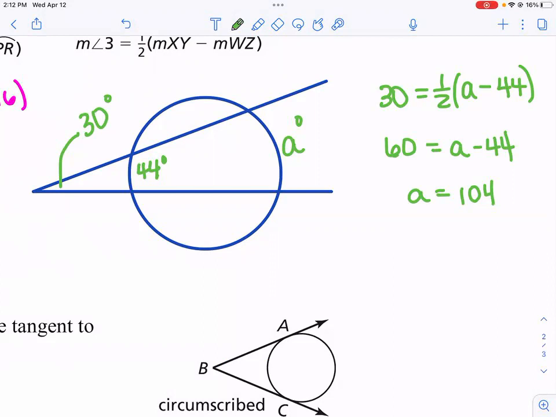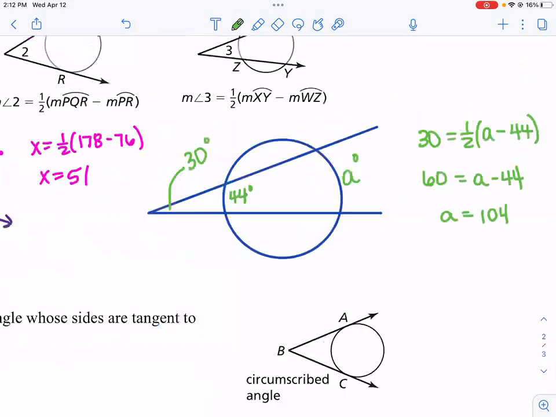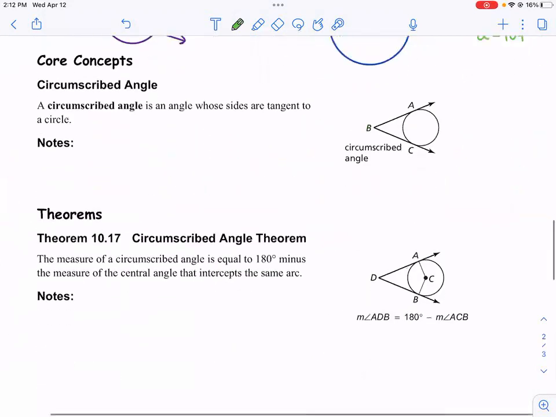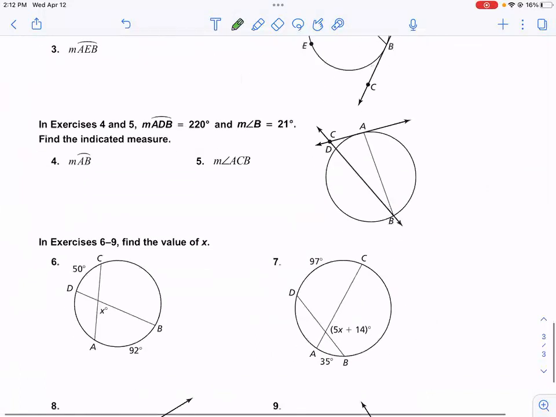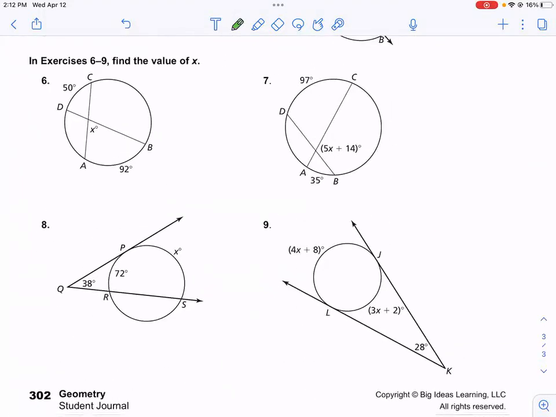Okay. I am going to give you about 5 minutes. I want you to turn the page and try number 6, number 7, actually 7 and 8.